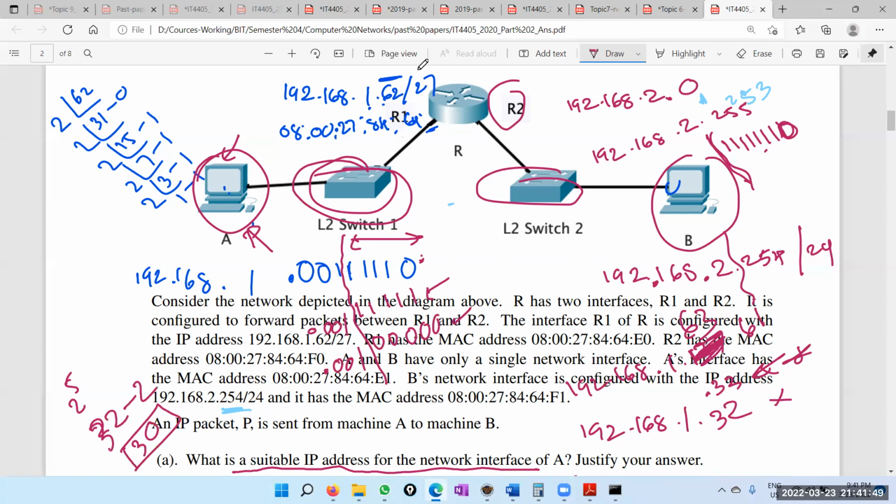According to this subnet mask, you can go up to 30 host machines, because the subnet ID and broadcast ID you don't need ports for on the switch.